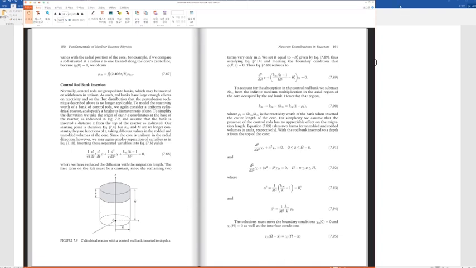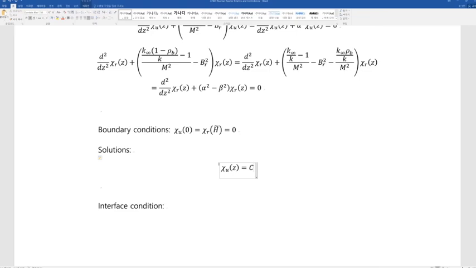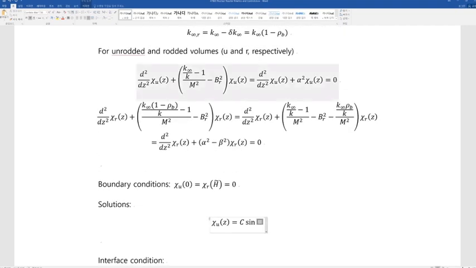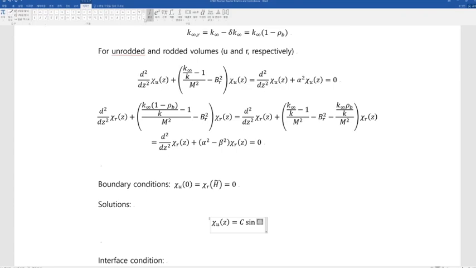So in fact, this should be some constant multiplied with sine alpha z. Because we are currently solving this equation, we could write a constant times sine alpha z plus another constant times cosine alpha z, but the constant for the cosine should be 0. So only the sine part will remain.